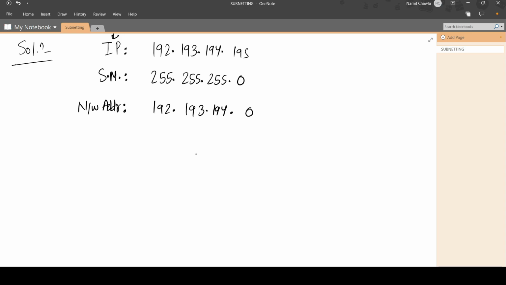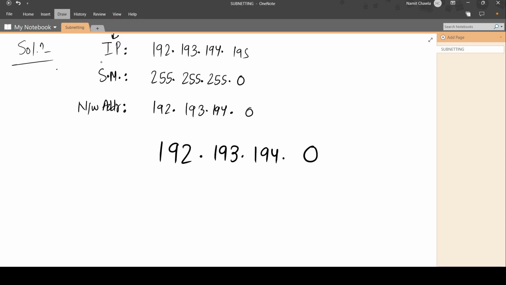You will just write the address. I'll try to make it bold if it is possible on my screen. Yeah, it's possible, so I'll write in bold format the address 192.193.194.0.